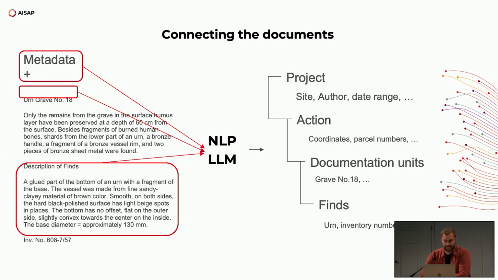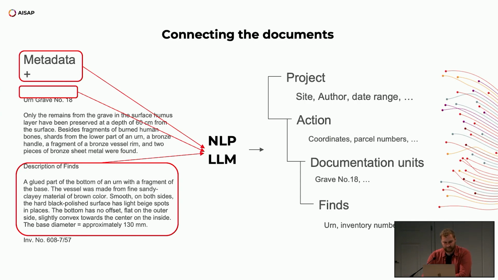We are using some methods of natural language processing and large language models. You don't need to use large language models for everything. You can just use some named entity recognition and look for specific parts of the documents, because it's semi-structured data.